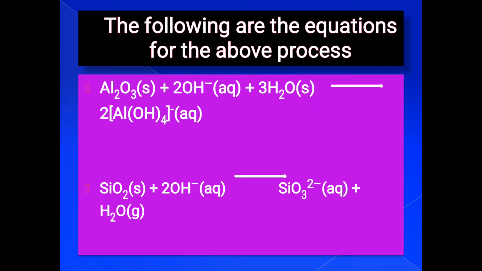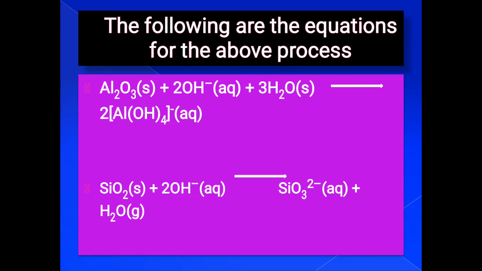Like you can see here, we have aluminium oxide, then the hydroxide ions from the sodium hydroxide in the presence of water give us this complex of aluminium. And then we also have silica plus hydroxide, which gives us this compound of silicon.